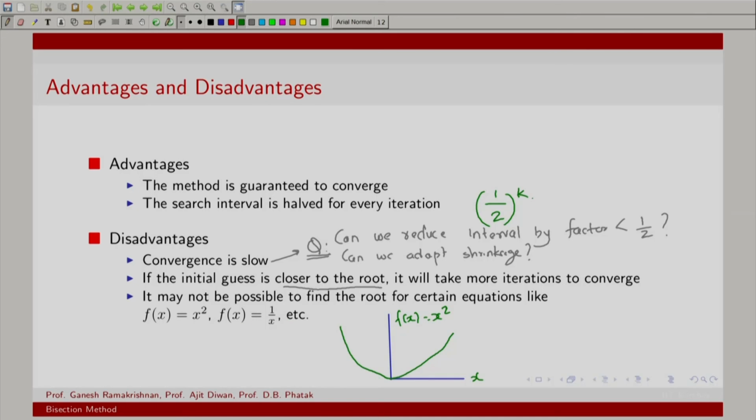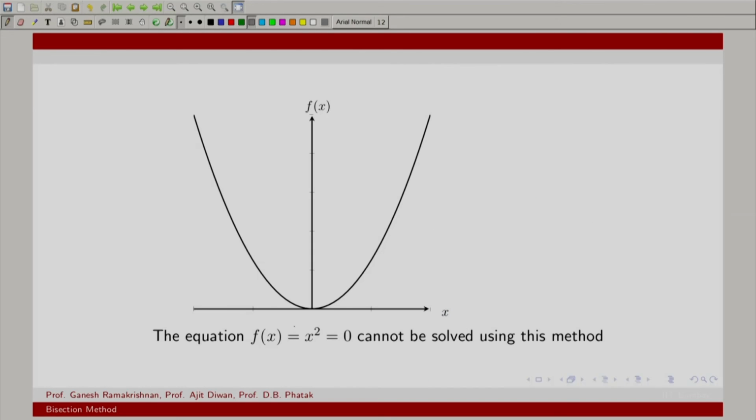On the other hand, we know that there is a root, and we know that if you were to find A and B and be able to halve the interval, you would actually find diminishing values of the function. How do you do that? Also, this won't work if the root is at infinity. So 1 upon x is a classic example. So here is the equation f(x) equals x squared, which cannot be solved using this method.